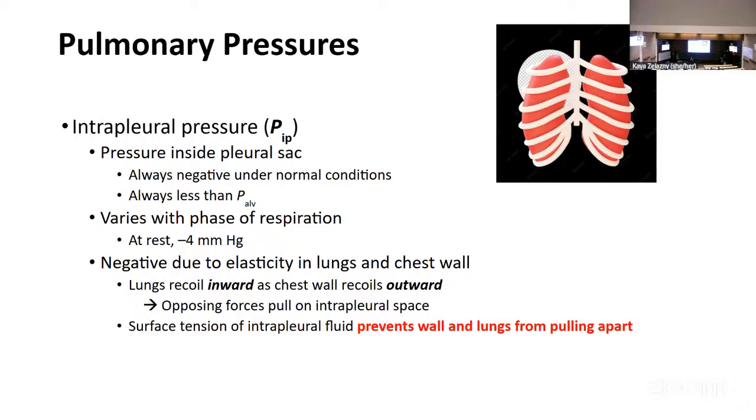If we let them just relax without anything to stick them together, we'd end up with this big space between our rib cage and our lungs. We wouldn't fill our lungs with air. So we need these opposing forces pulling on this intrapleural space, sticking the lung to the chest wall.